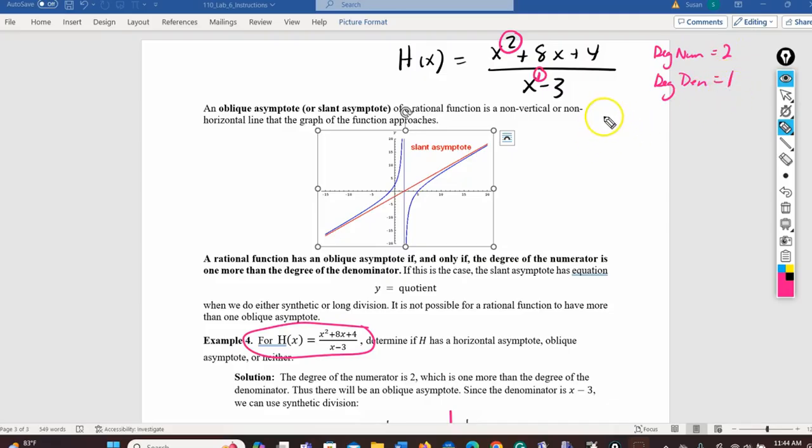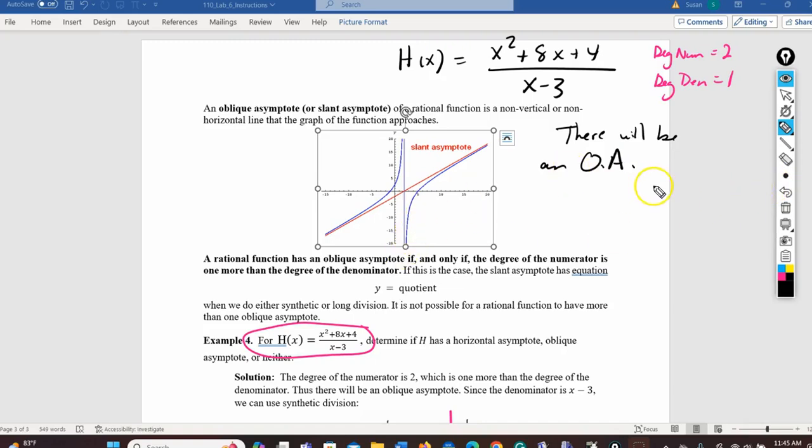So we will have a slant asymptote or an oblique asymptote. There will not be any horizontal asymptote. All right, so there will be an oblique asymptote or slant asymptote.